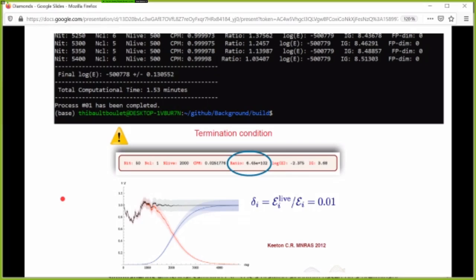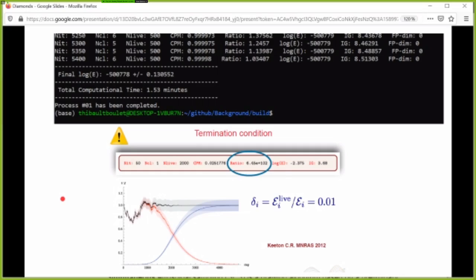The blue one is the evidence you have collected, and the red one is the one you still have to collect. And when both curves cross each other, the ratio equals 1, and the code stops, and then it gives you what it found.